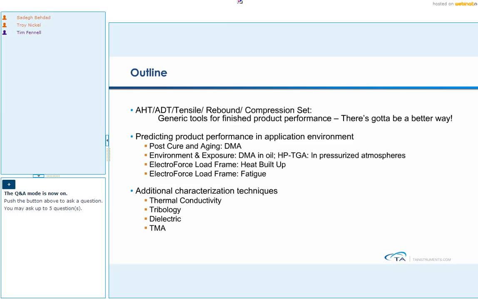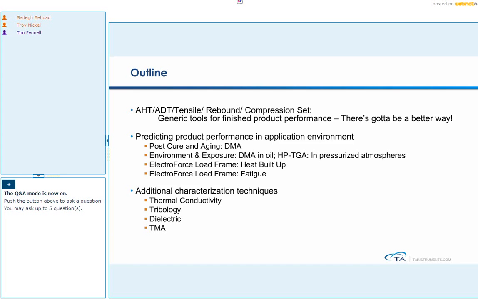You look at its hardness, you look at its density, you'll look at compression set, tensile, rebound, things like that. But we have all encountered situations where we have 2 samples that give the same numbers on those tests, but when it comes to the actual performance when the rubber meets the road, they behave different.